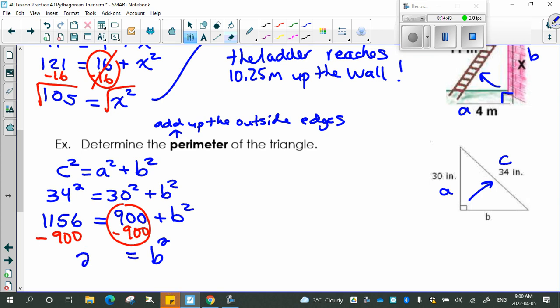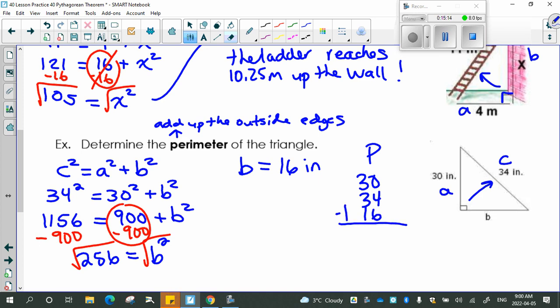And square root both sides. And what do you get for B? This is a perfect square, right? 16. Yep. 16 inches exactly. But then they ask for the perimeter, so you're going to add up 30, 34, and 16.